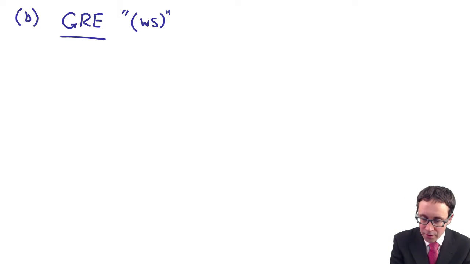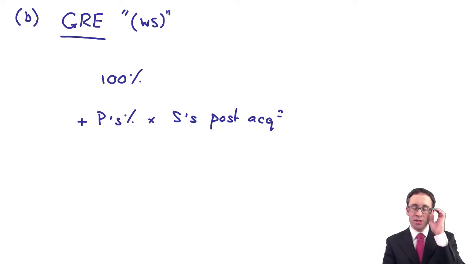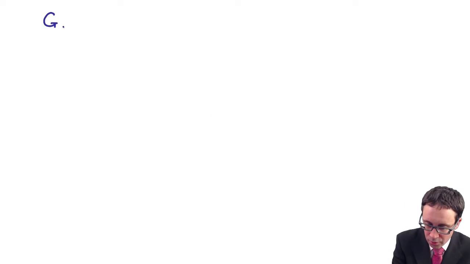Because in the group retained earnings, you've got 100% of P plus P share of S's post-acquisition.